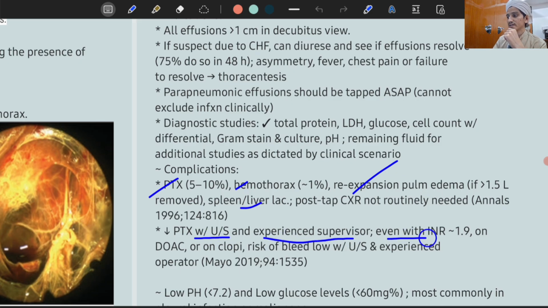Even with INR approximately 1.9, on patients on direct anticoagulants, okay, like dabigatran, or apixaban, which are factor 10 inhibitors, or on clopidogrel, the risk of bleeding is low with ultrasound and an experienced operator. So that's why ultrasound guided tapping is recommended, which has very low chances of complications.